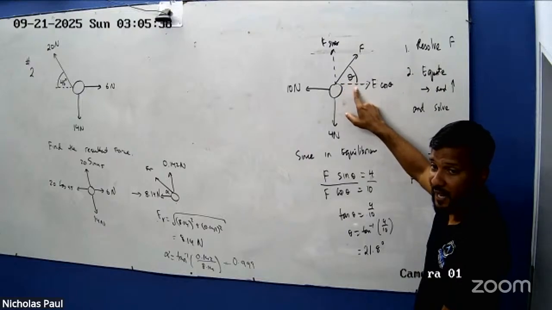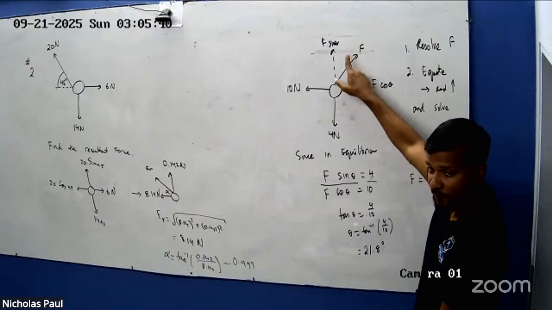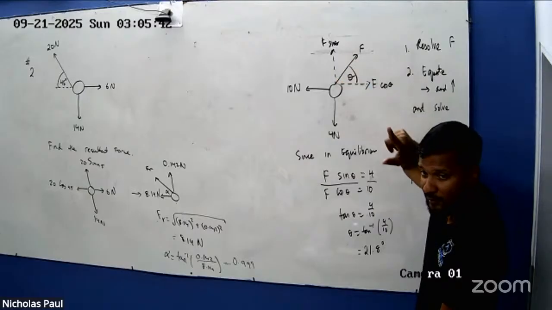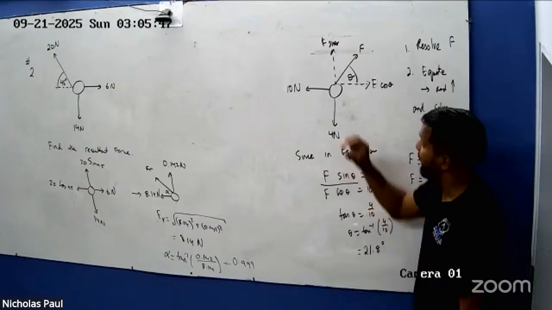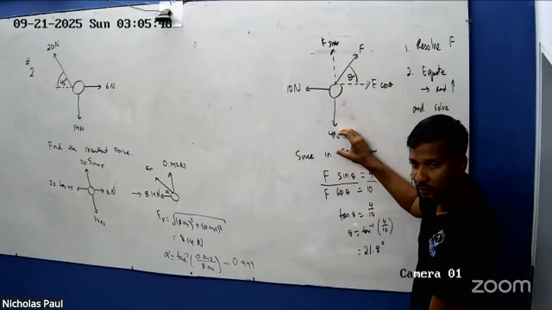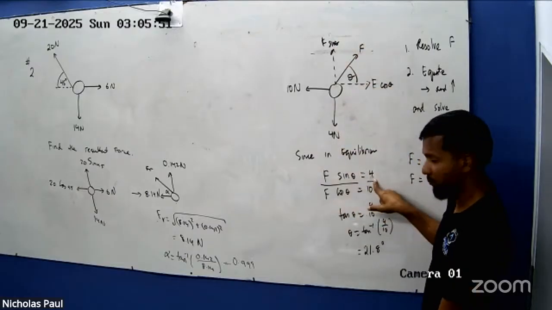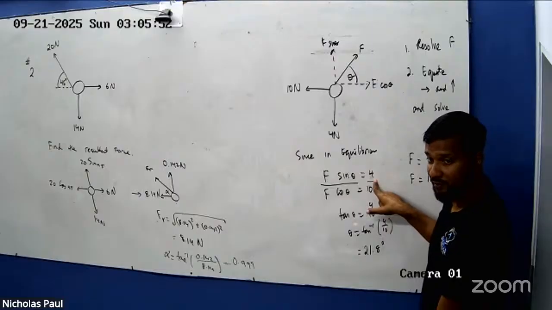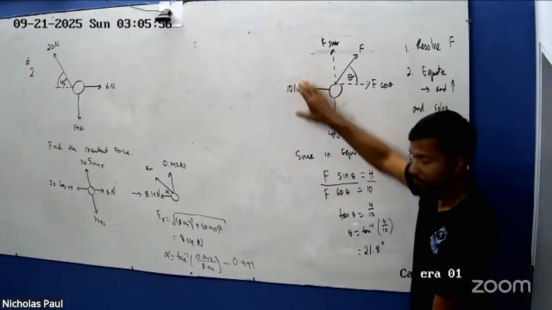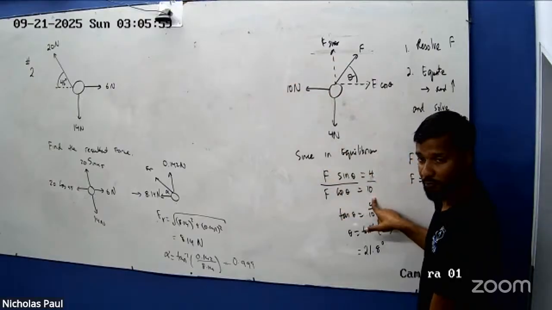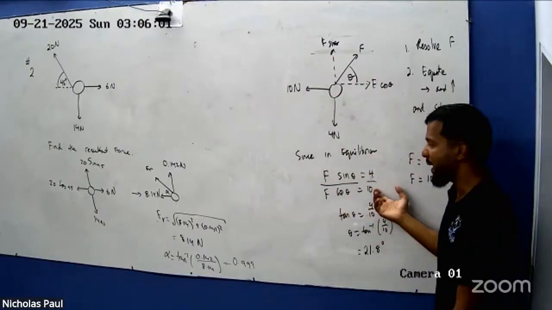Next to the angle is always cos, the opposite one is sine. So in equilibrium, upward equals downward, and left equals right.